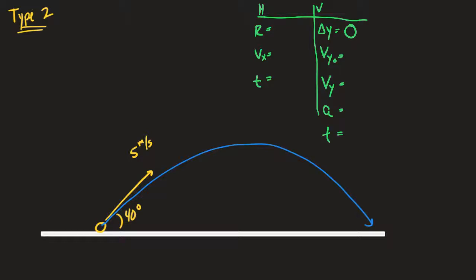But this does add a new wrinkle, something that we didn't have before. Vx and Vy are linked now to what I called V naught, the launch velocity. Now, for just a moment, this means that from now on, you could always write in, just as a reminder, V naught cosine theta here and V naught sine theta here.